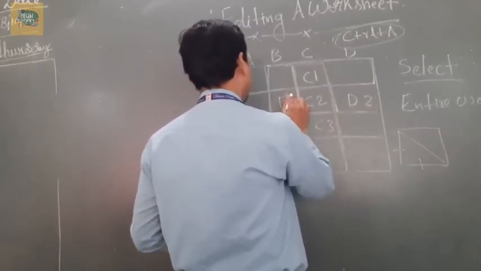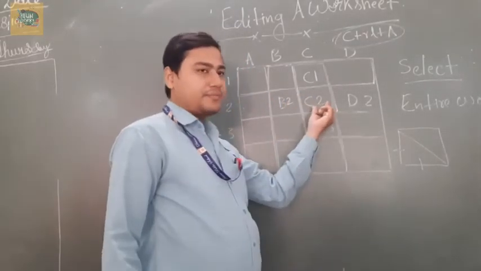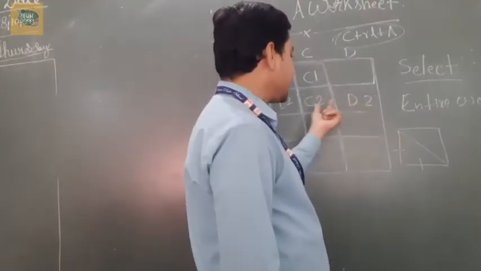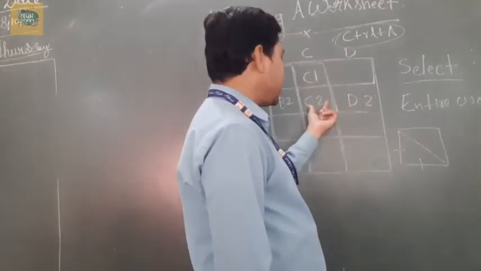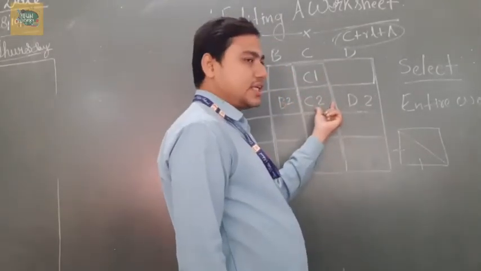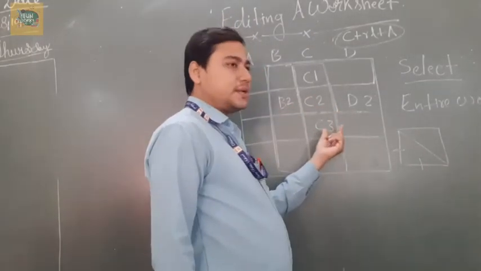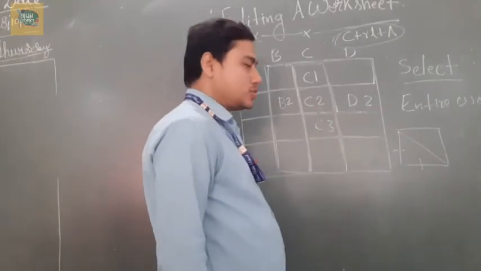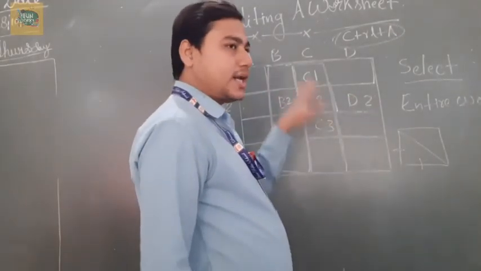Now, if I am saying C2, what are the adjacent cells? This cell is beside this cell, so this is adjacent to this one. C1 is beside this, so C1 is adjacent to C2. B2 is just nearby C2, so this is adjacent. And C3 is also adjacent because it is nearby C2. So we can say that C1, B2, D2 and C3 are all adjacent cells.